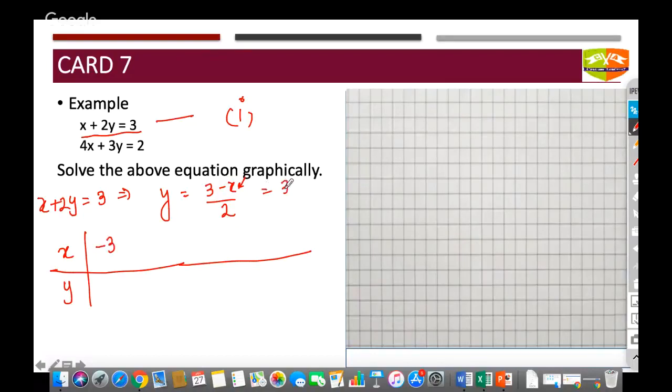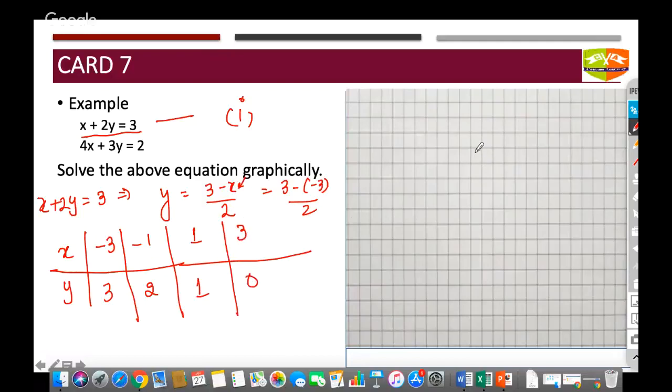When I take x is equal to minus 3, it gives me 3 minus minus 3 by 2, which is 6 by 2. So y comes out to be 3. I take x is equal to minus 1. This will give me 2 here. If I take x is equal to 1, this will give me 1 here. And if I take x is equal to 3, this will give me 0 here.